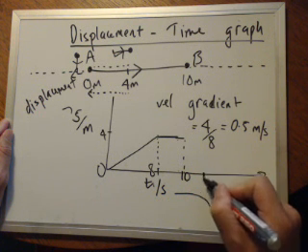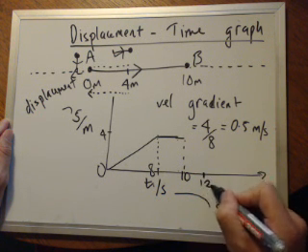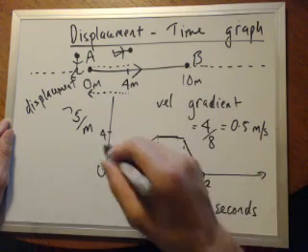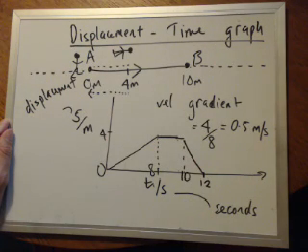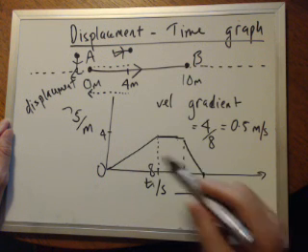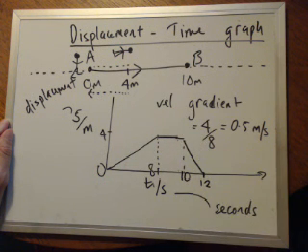In another 2 seconds, that moves up to 12 seconds, he rushes back home again. His displacement now is 0. Although he has covered a distance of 8 meters, his displacement is 0.